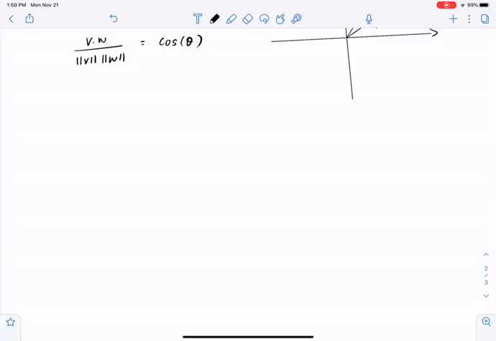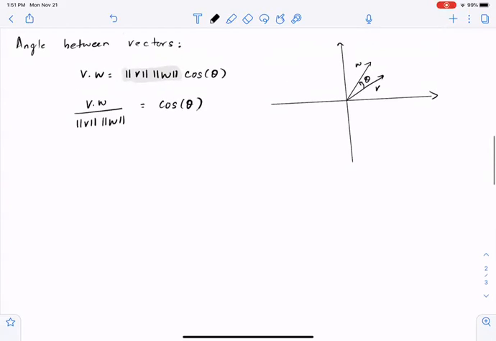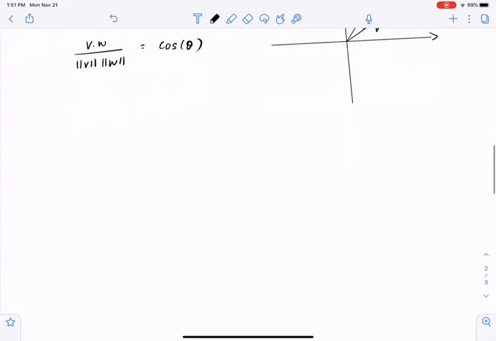So let's say we have two vectors. So (2, 5) and (-1, 3).